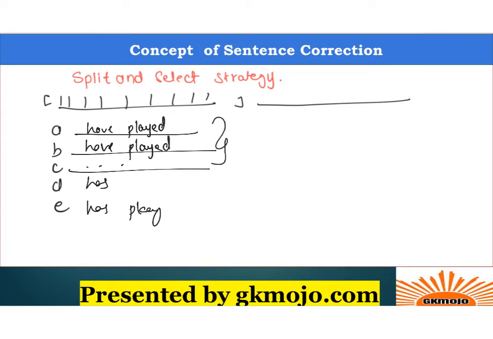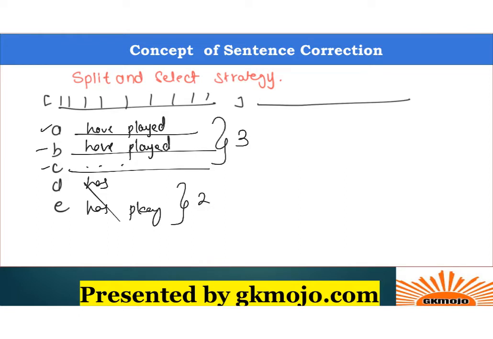Now you have identified that these three are somewhat common and these two are somewhat common, so the ratio is 3:2, and you'll split into 3:2. You'll identify whether 'has' is right or wrong. Once you identify that 'has' does not fit, you have eliminated two options within 10 seconds. Then you'll only play with 'have'. Within these three options you'll again split the words and see the difference between the options.